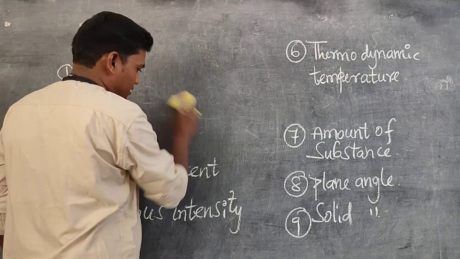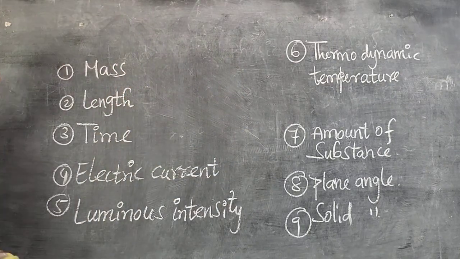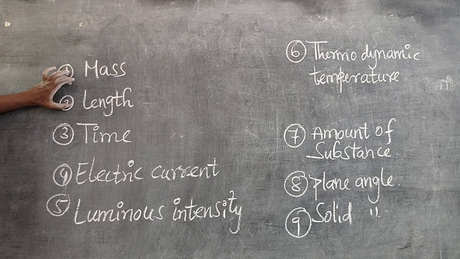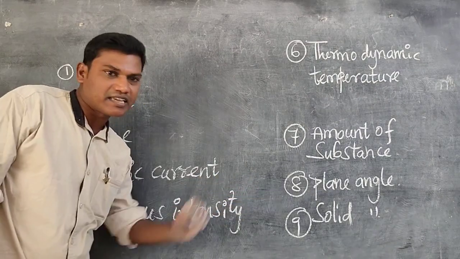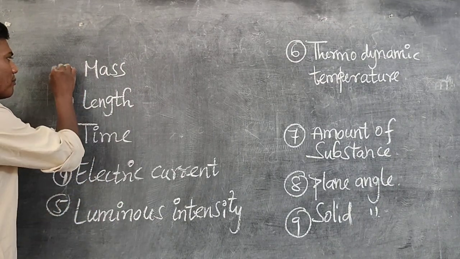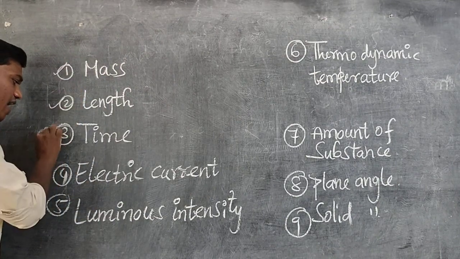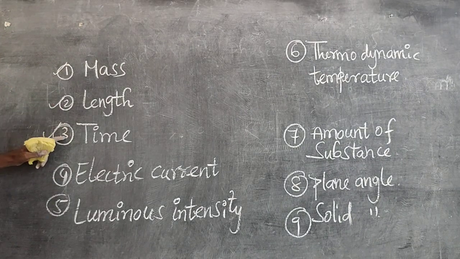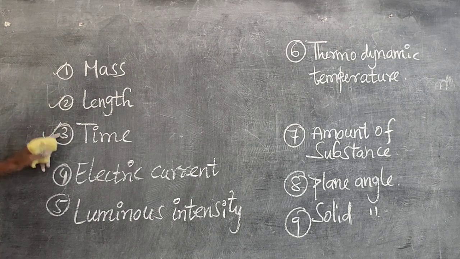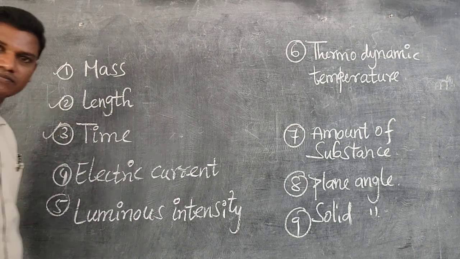Now come to this concept once again. So totally how many fundamental physical quantities are there? 9 are there. But among the 9 fundamental physical quantities, mass, length and time, these 3 are also called primary or basic fundamental physical quantities.